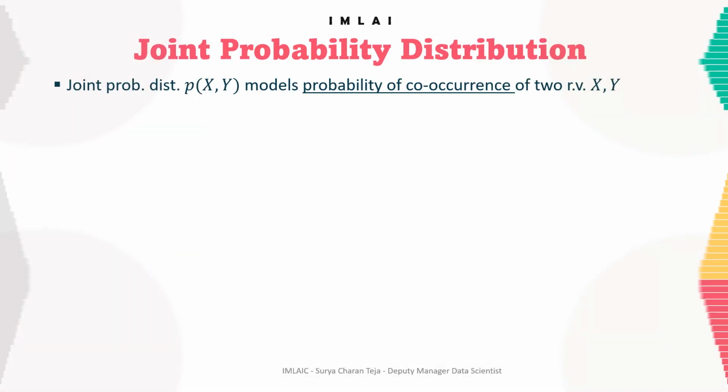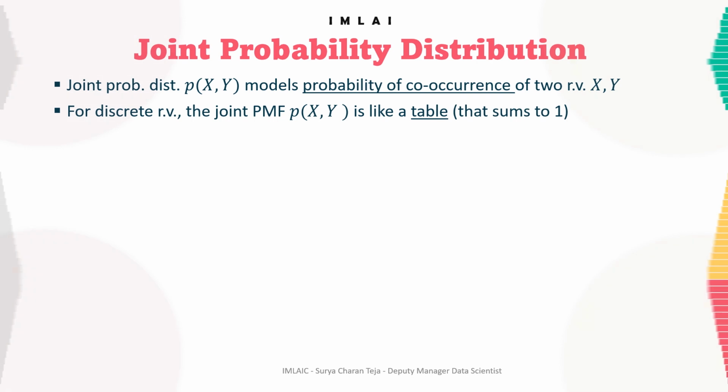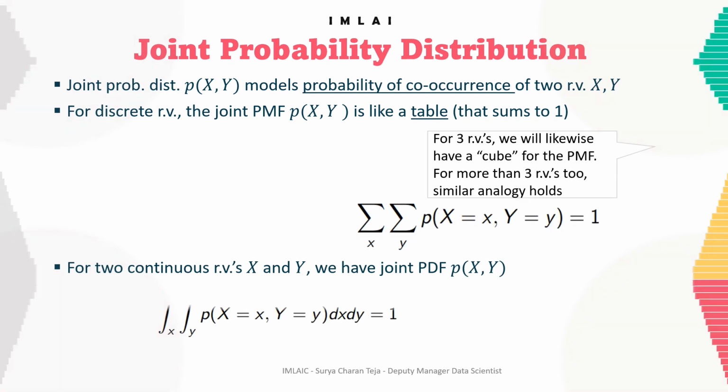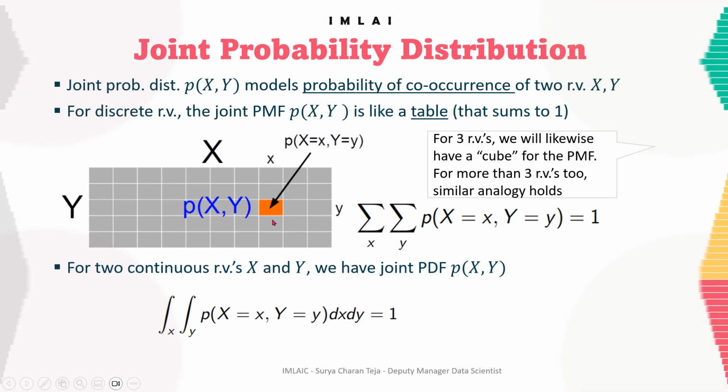Now let's see some of the theoretical aspects of the joint probability distribution. For discrete random variables, the joint probability mass function, P of capital X comma capital Y, is like a table that sums to 1. The example we have taken seems to be for image segmentation.